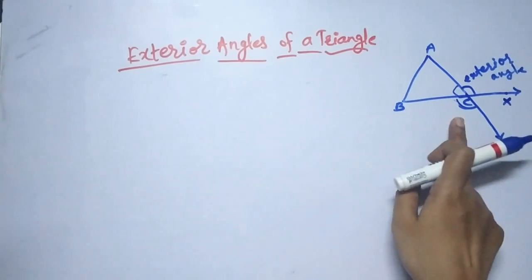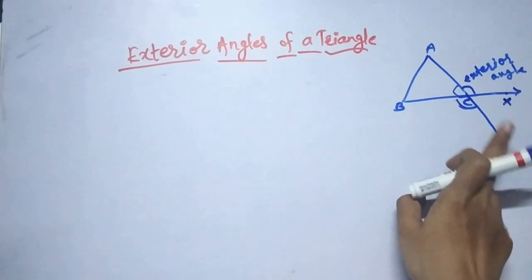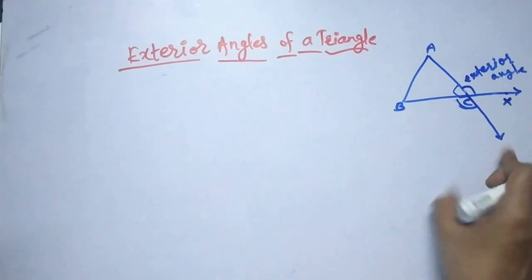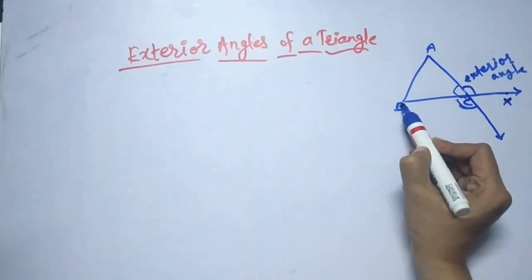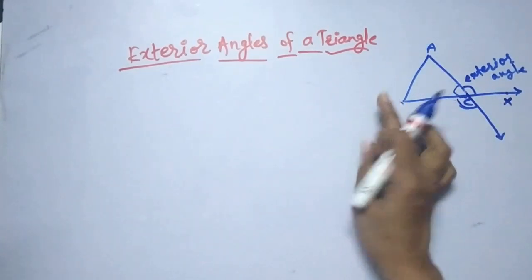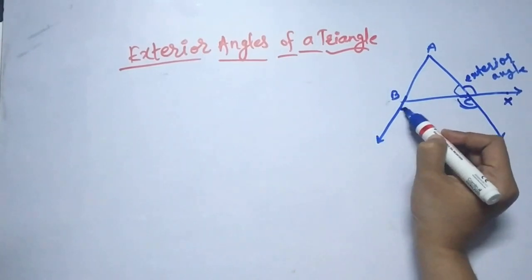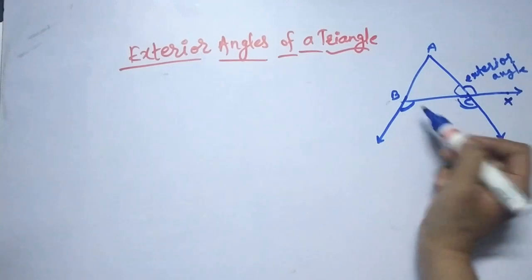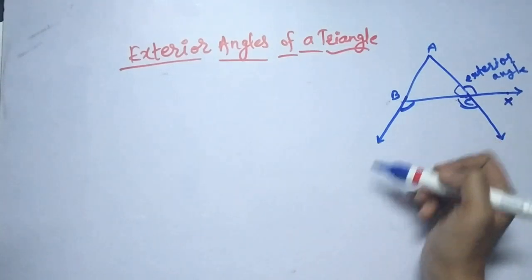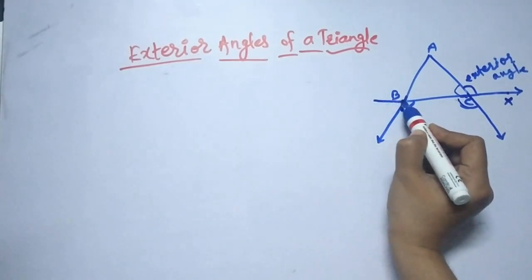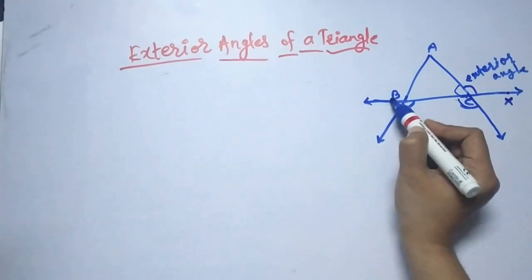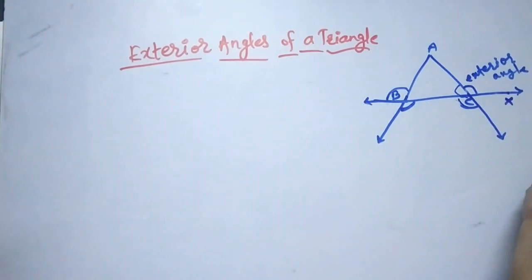An exterior angle contains one arm as an extension of the side and another arm is the side itself. Suppose this is side AB. I am going to extend this side AB in such a direction. This also forms an angle, and this is also an exterior angle. If I produce BC in this way, here also one angle is formed. This is also an exterior angle.